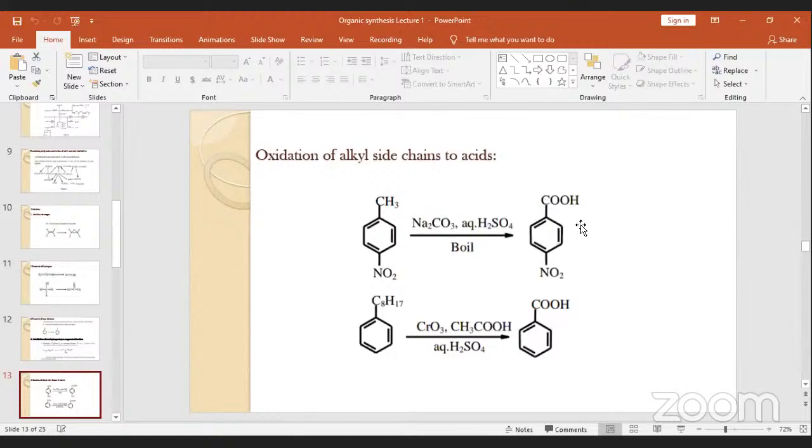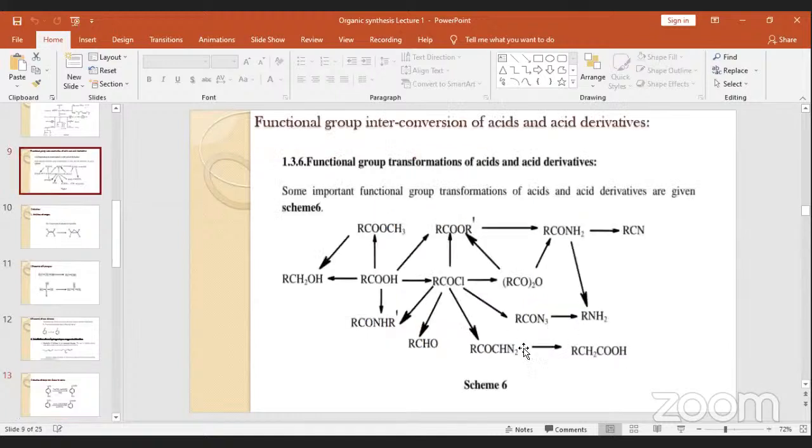And again, once you have para-chlorobenzoic acid, as I told you in my previous slide, it can be converted to a variety of derivatives. So in the assignments and practice problems, we'll be doing some examples. Para-chlorobenzoic acid can be converted to para-chlorobenzoyl chloride, para-chlorobenzamide, and so many other products which I have shown you in this slide. Similar products you can prepare from that compound.